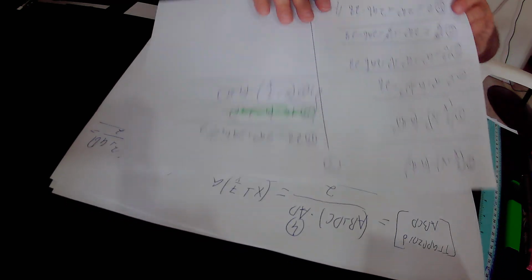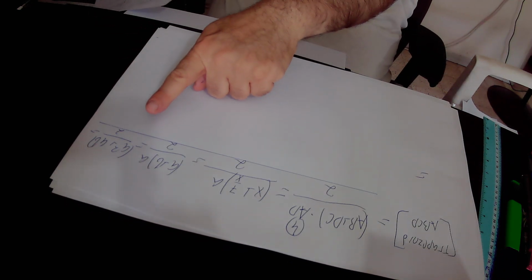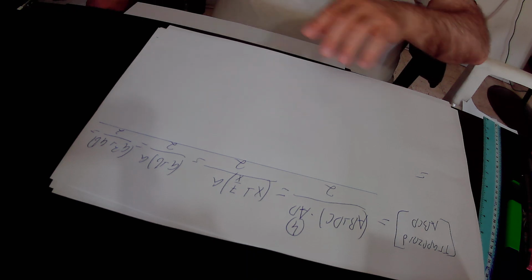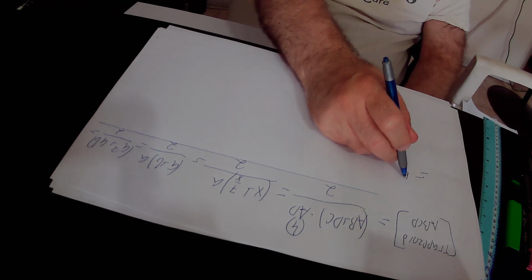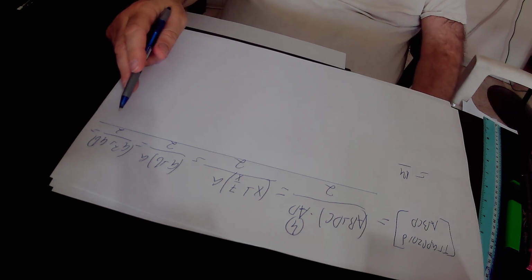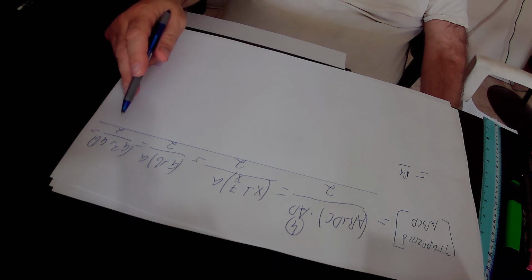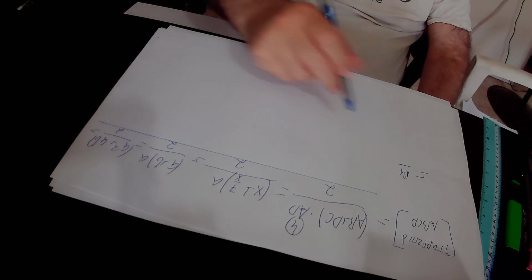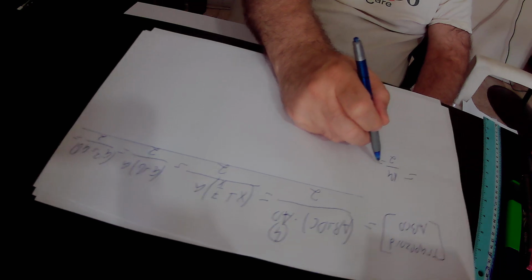Therefore, we substitute A squared plus AB in this expression by 14. So after we substitute, this expression will be equal to 14 over 2. 14 over 2 is 7.